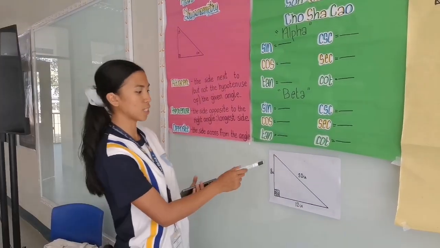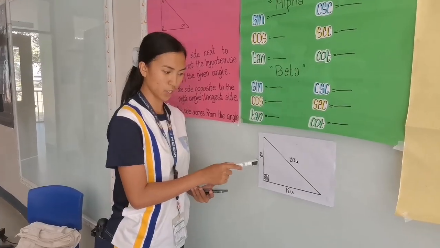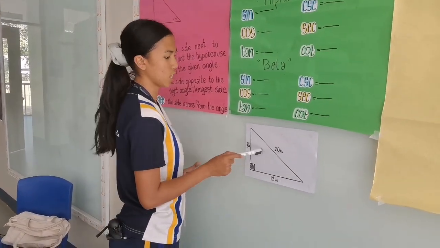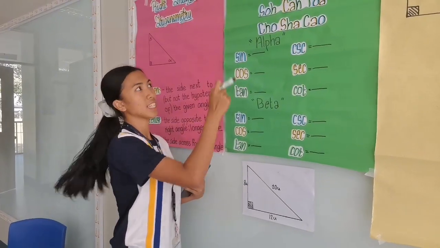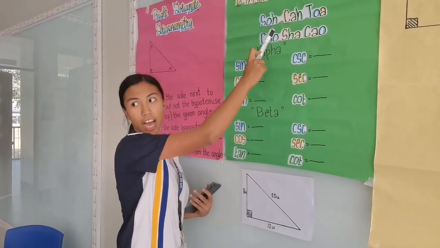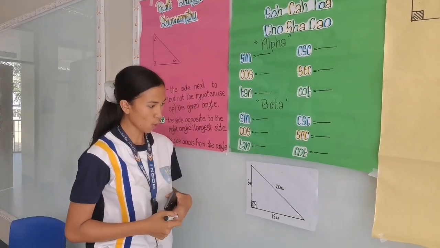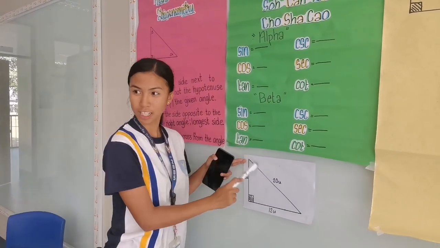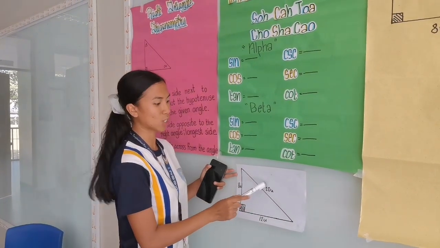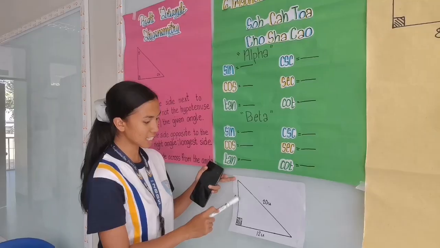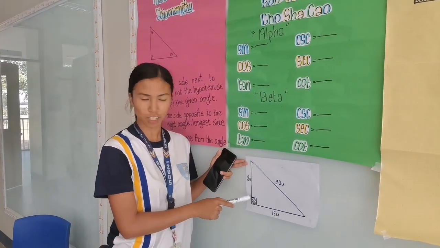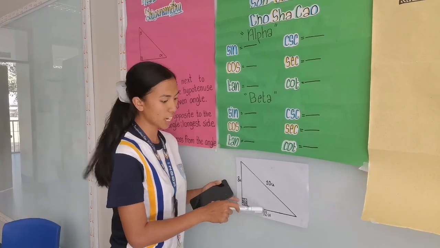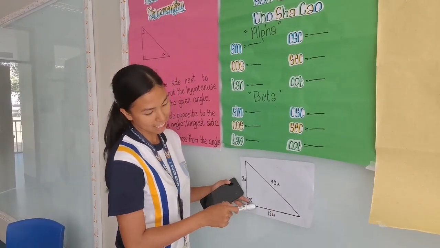This triangle has values 8 units, 12 units, and 20 units. To find the sine, we first identify the opposite side and the hypotenuse. We have here the hypotenuse, the longest side, which has 20 units. The opposite side, which is across from the angle, has 8 units, and the adjacent side has 12 units.